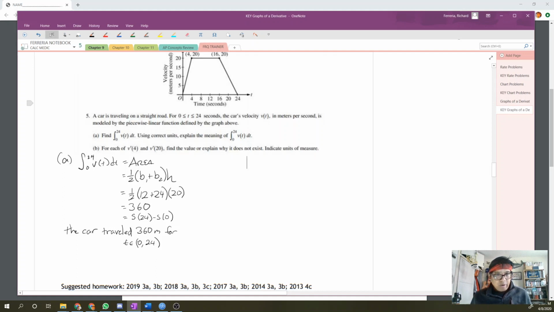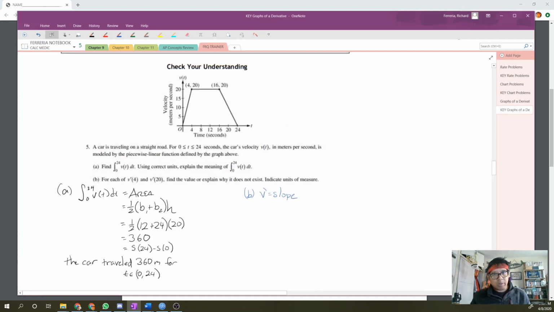Okay, part B here. For each v prime of 4 and v prime of 20, find the value or explain why it does not exist. V prime is the slope. So at the core here, you're just finding the slope. So let's look at t equals 4 and figure out what the slope is.